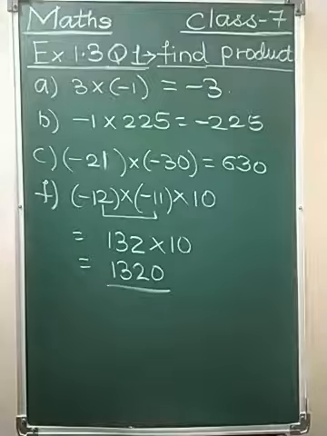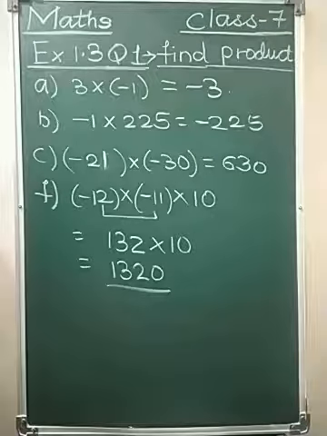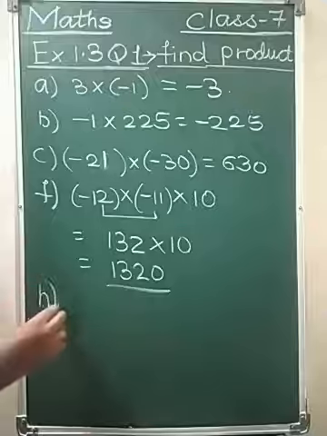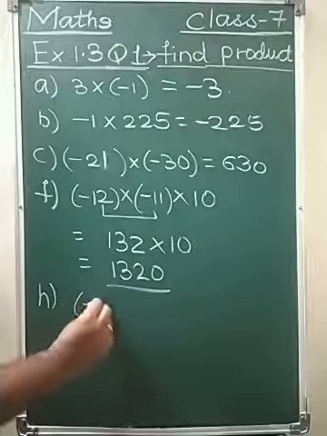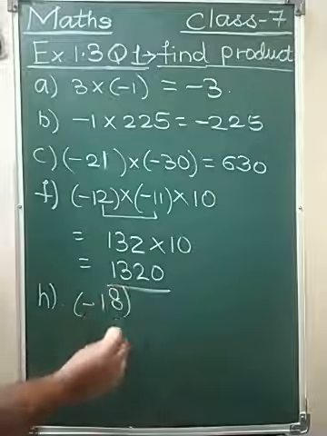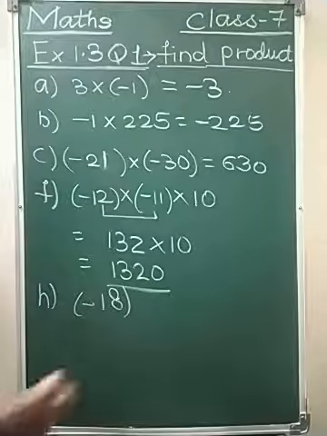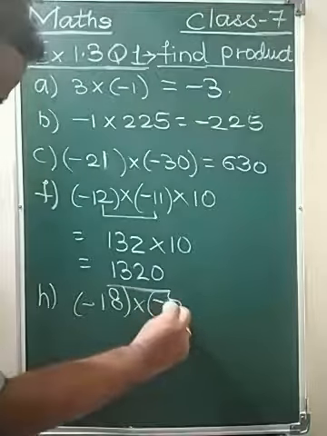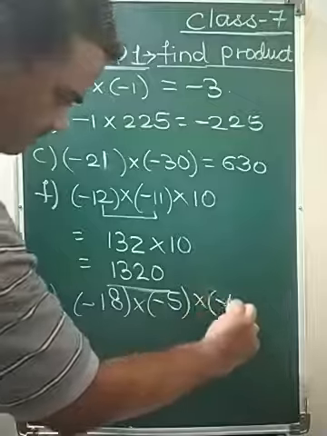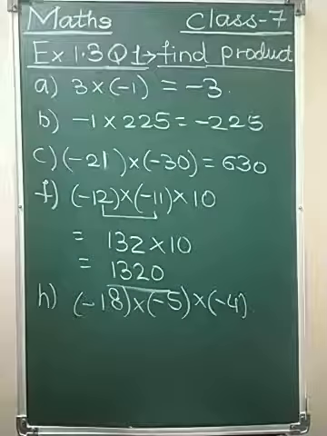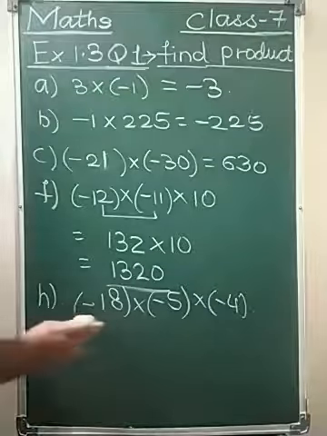Okay. Very quickly we'll solve one more question. G is easy. Okay, we'll solve H sum. Minus 18 multiplied by minus 5 multiplied by minus 4. Now it is not necessary that you should multiply in order.